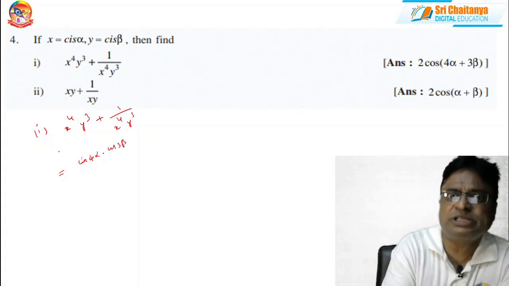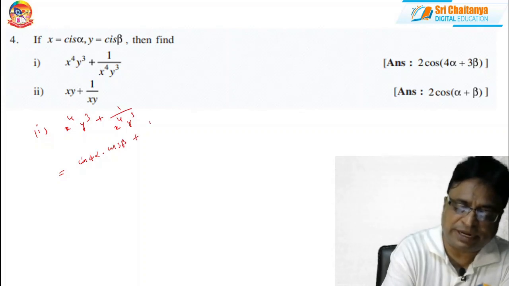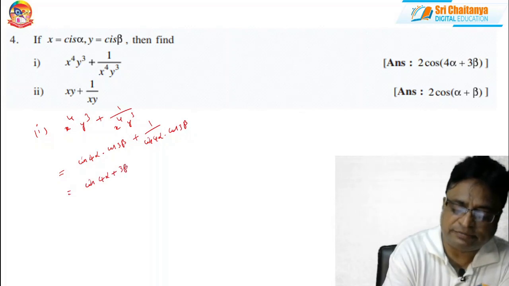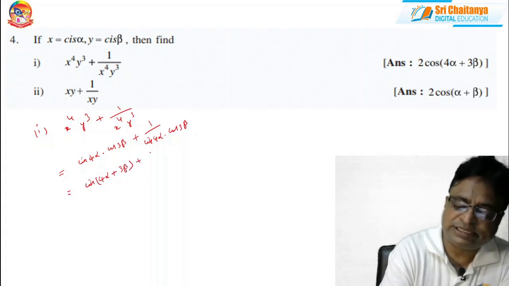The same reciprocal is there in the denominator: plus 1 by cis 4 alpha into cis 3 beta. This is nothing but cis of 4 alpha plus 3 beta, plus cis of minus of 4 alpha plus 3 beta.